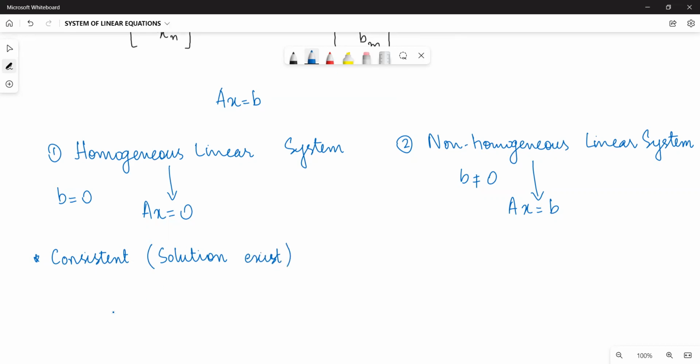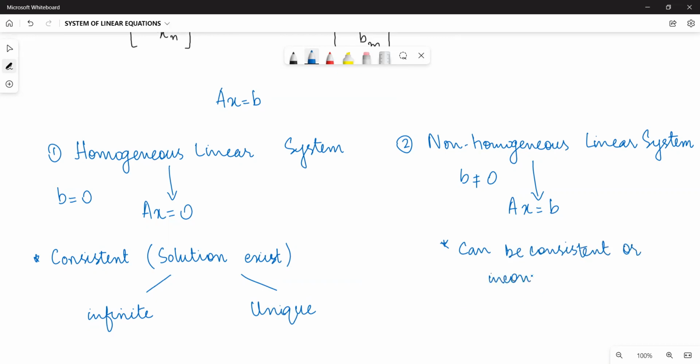It could be an infinite solution or a unique solution, but there is always a solution. And a non-homogeneous system can be consistent or inconsistent. It means that it might have a solution or might not have a solution.